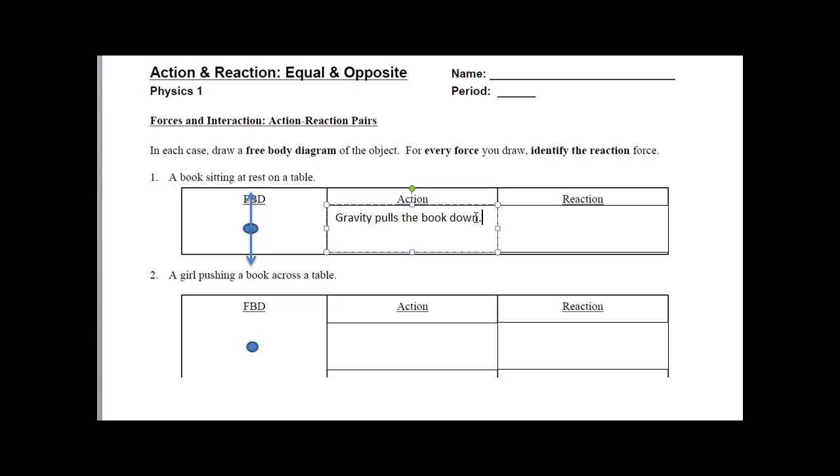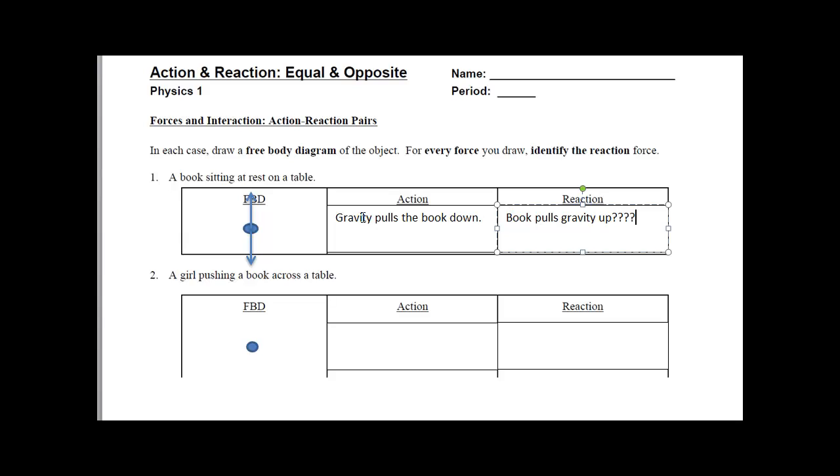If this is the action, to write the reaction, all we really have to do is turn it around and rephrase it backwards. So instead of gravity pulling the book down, the book pulls gravity up. Does that make any sense?